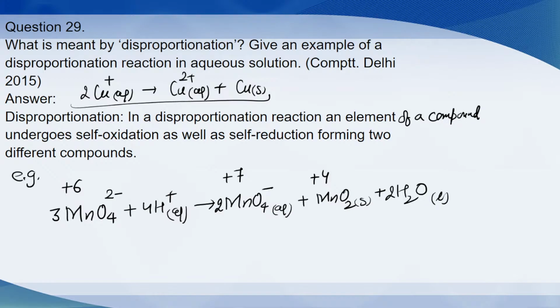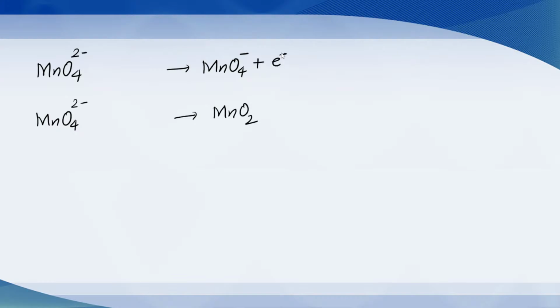How do we balance it? See, MnO4 2 negative first gives MnO4 1 negative, and MnO4 2 negative also gives MnO2. So just balance it in acidic medium. In the first case, all the atoms are balanced, only charge is not, so we add 1 electron here.